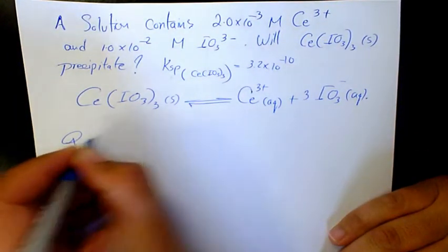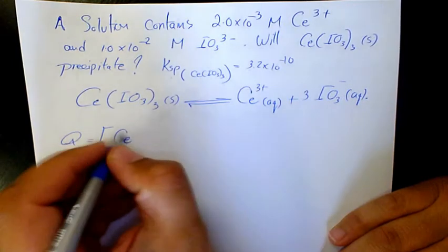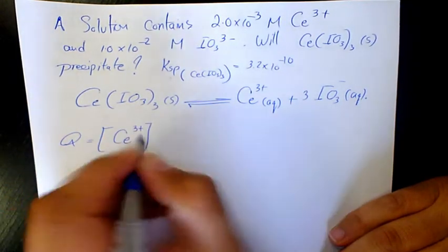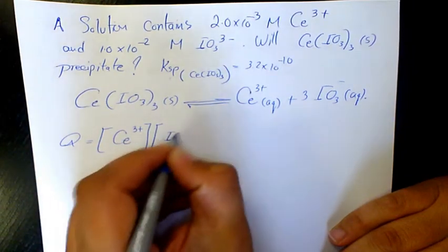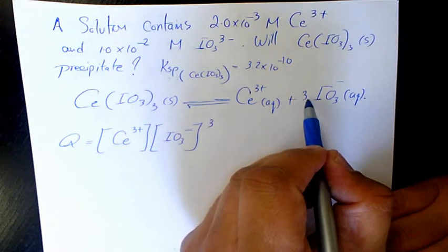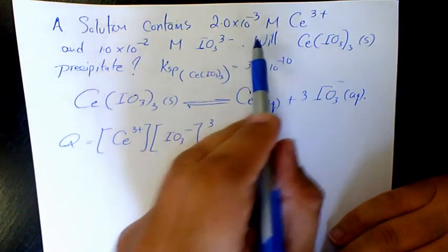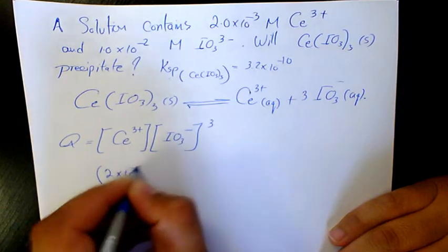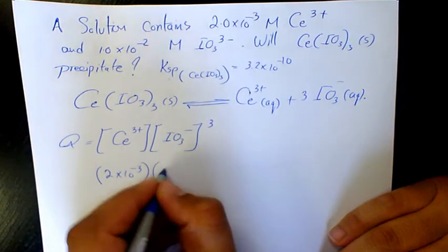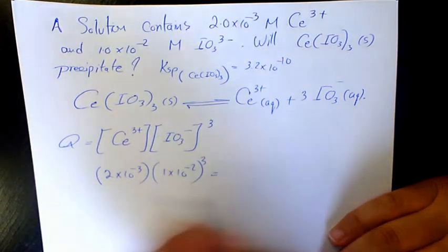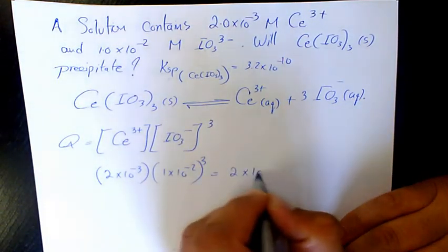Q will be the concentration of cerium times iodate to the power of 3, because here the coefficient is 3. As you see here, the concentration for cerium is 2 times 10 to the power of negative 3, and iodate is 1 times 10 to the power of negative 2, to the power of 3. That's going to make it 2 times 10 to the power of negative 9.